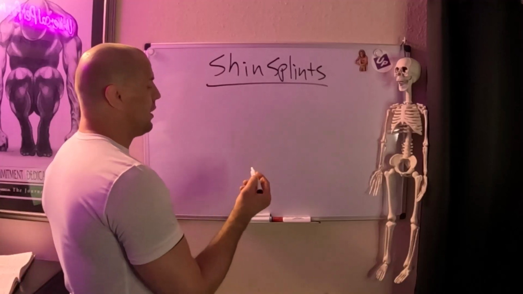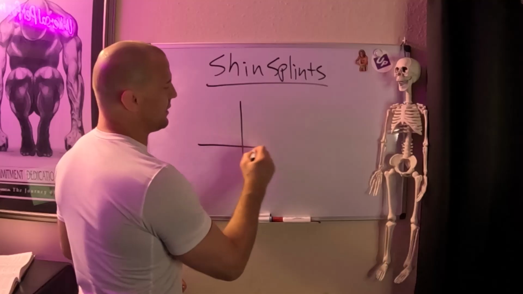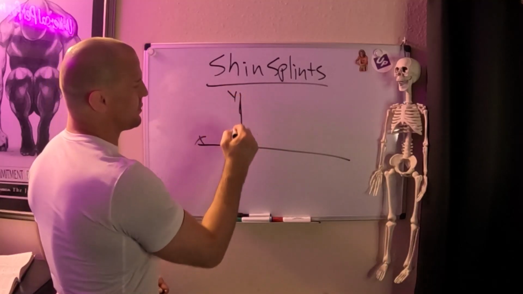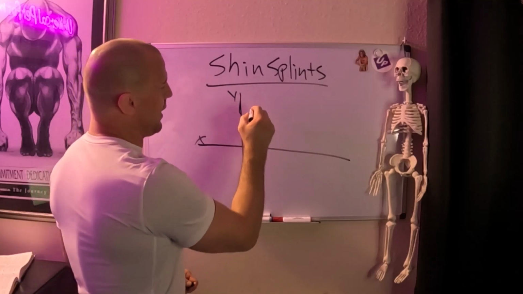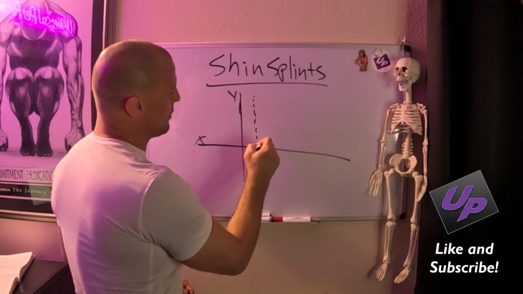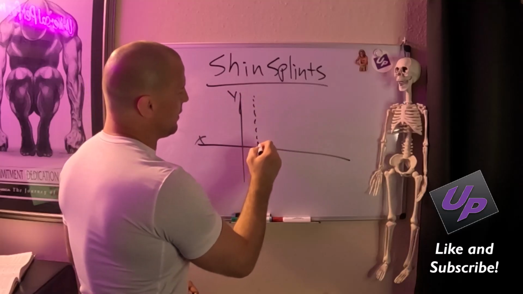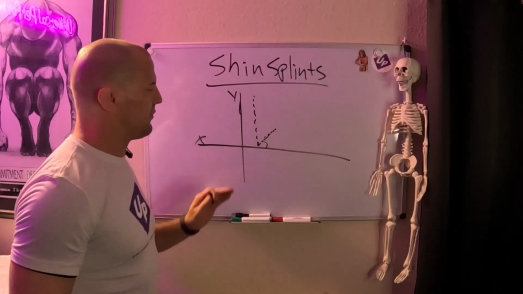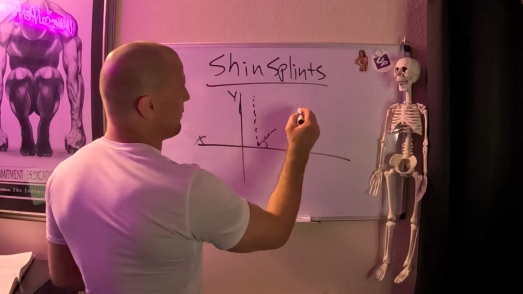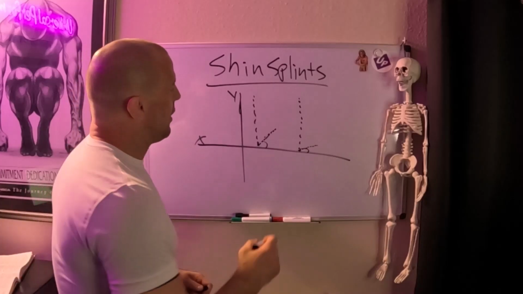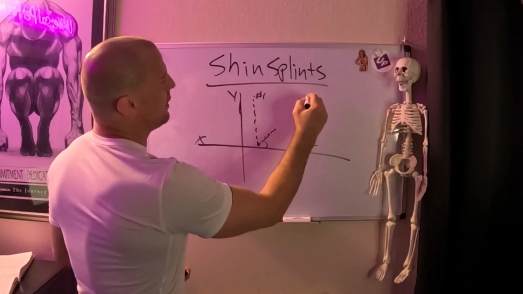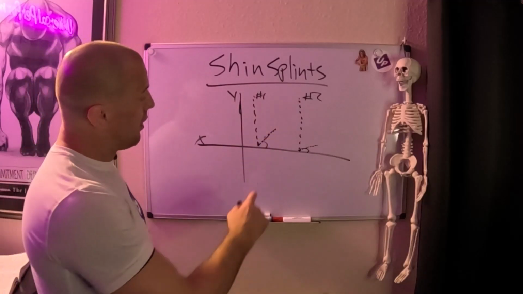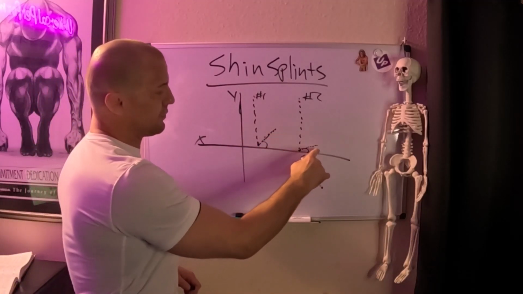So if we were to draw a graph out just like this, you got your X and we got your Y, and if we were to look at someone's leg right here, and then look at this angle right here, when they lift their foot up while they walk, and then if we have person number 1 and person number 2, we're going to notice that there's a bigger degree on this angle of the foot versus this one.